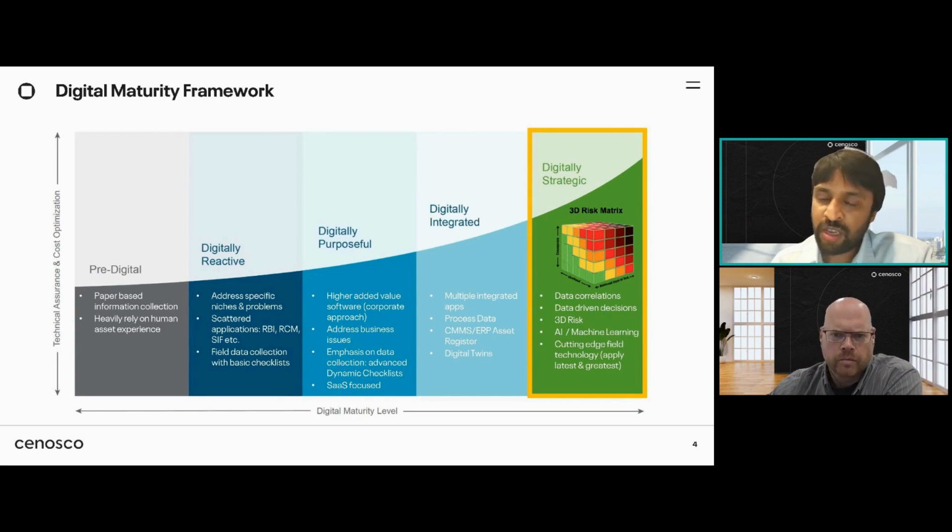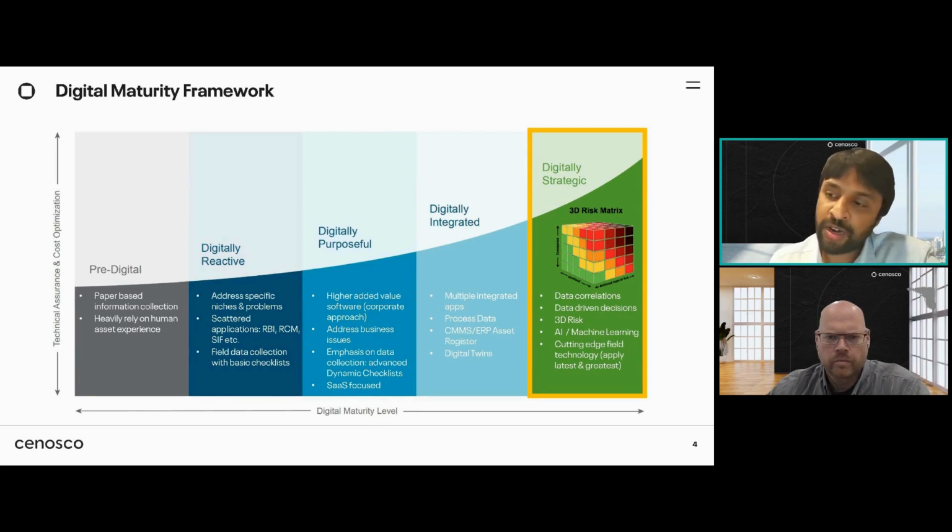Most systems today are somewhere between digitally purposeful and digitally integrated, but getting to that next level, digitally strategic, is extremely key as part of this journey. And we, as part of Cenosco, that is where we are heading as well.